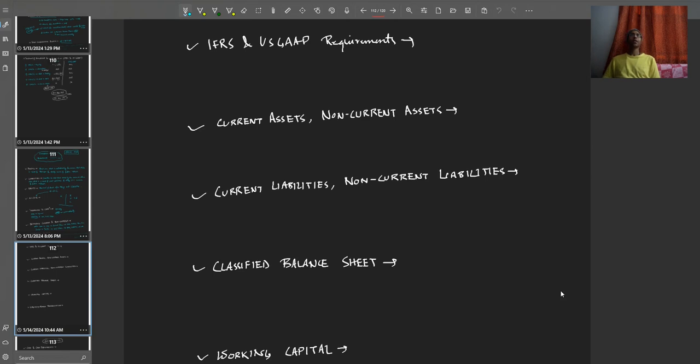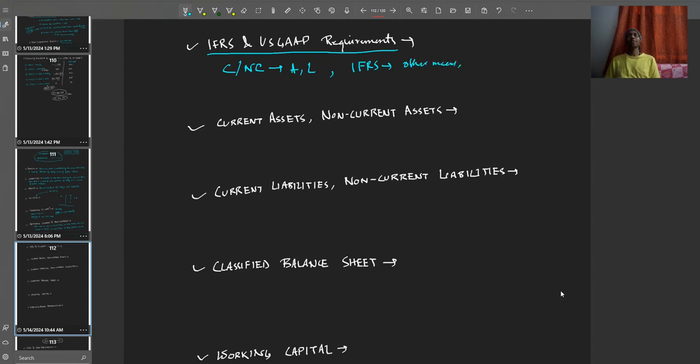IFRS and US GAAP requirements in terms of drawing up a balance sheet: both of them require bifurcation of current and non-current, both in terms of assets and liabilities. Now there is an exception in IFRS to this. IFRS says that if the balance sheet is able to explain its items in a more reliable and more organized way than the current non-current bifurcation, then it can use those other means.